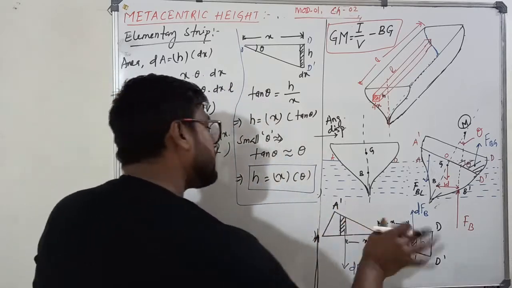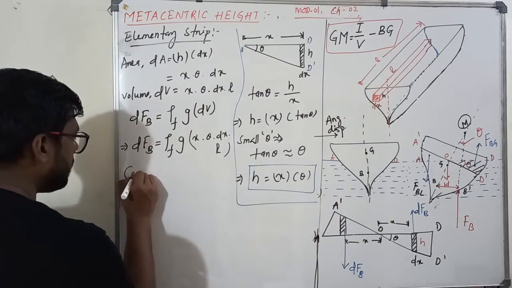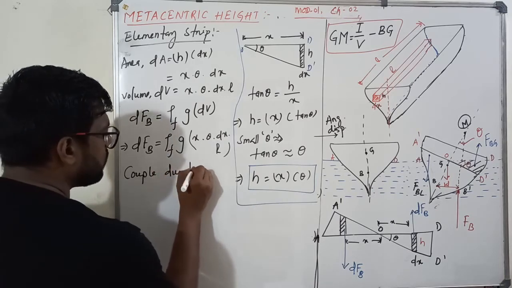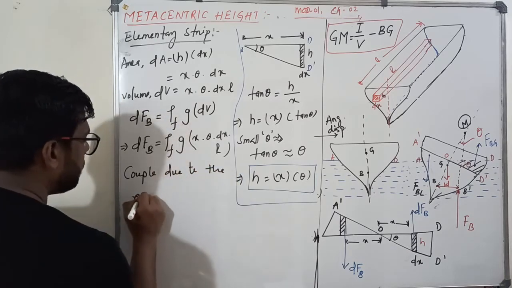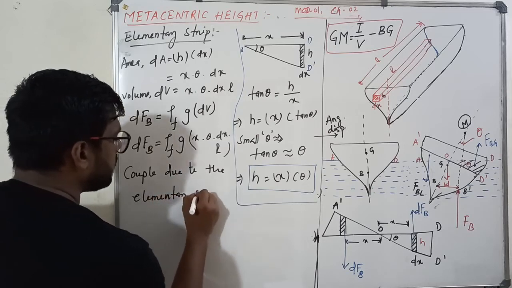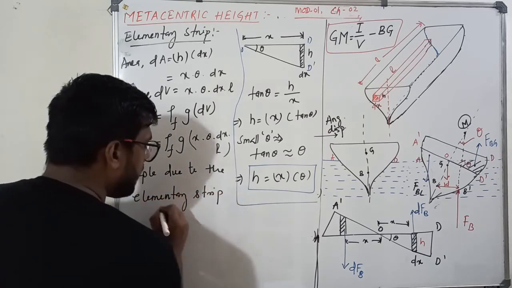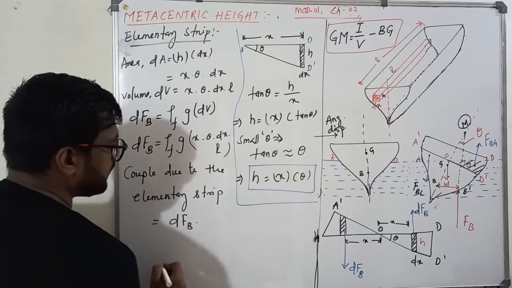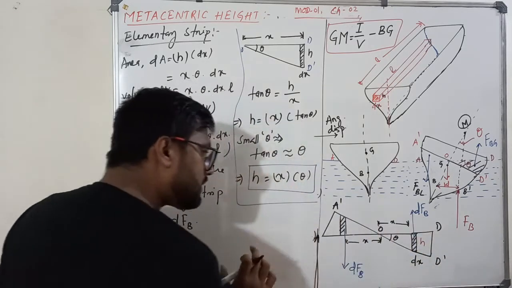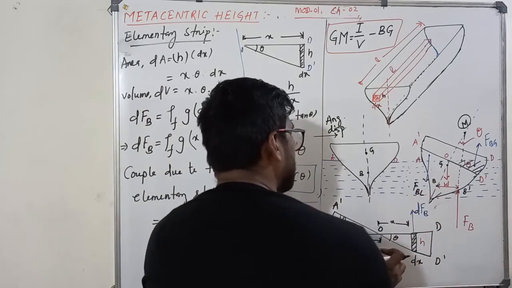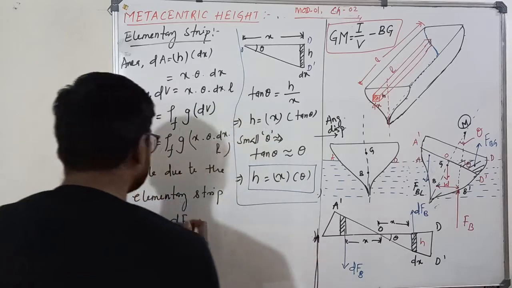So now I will take the couple. The couple due to the elementary strip. How much is the couple? The couple is nothing but dFb multiplied by the distance. But see this, what is the total distance between these two? The total distance is 2x.